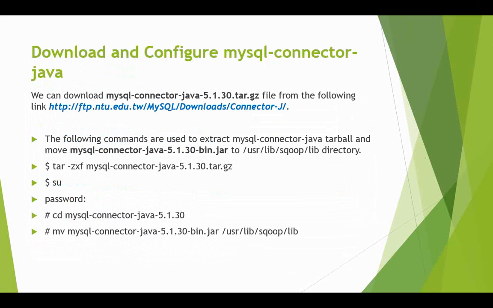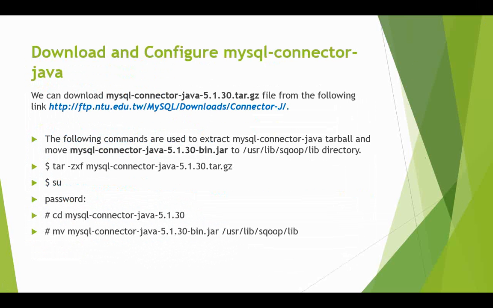Now, where to put that MySQL jar? Once you download the MySQL jar, it will be in your download folder or present somewhere. Simply extract that jar. When you extract it, one jar will be there, known as mysql-connector-java with some version. Copy that jar file inside the Sqoop library.